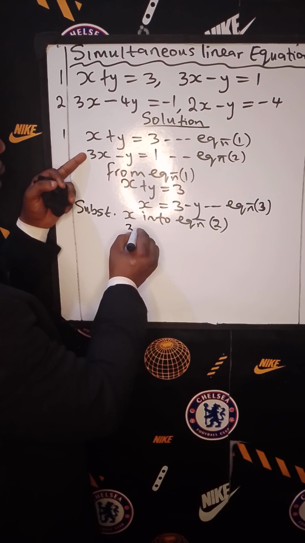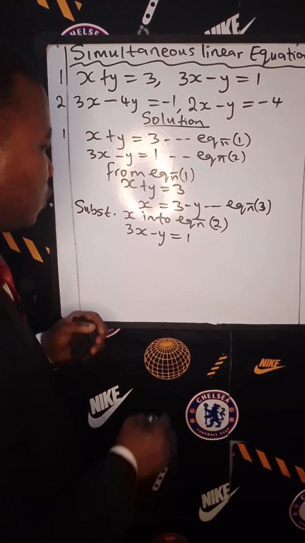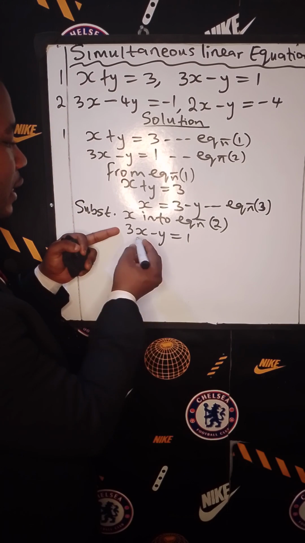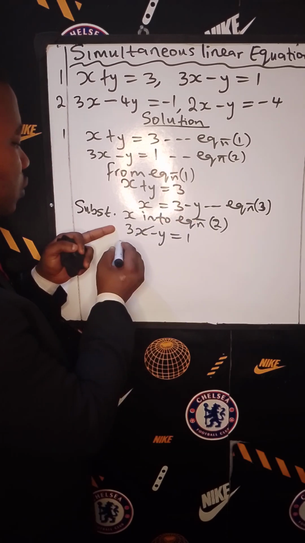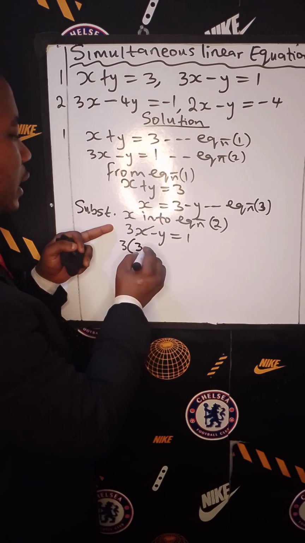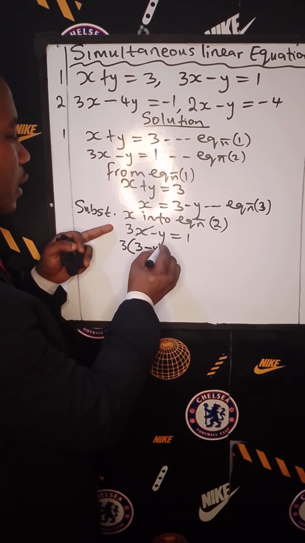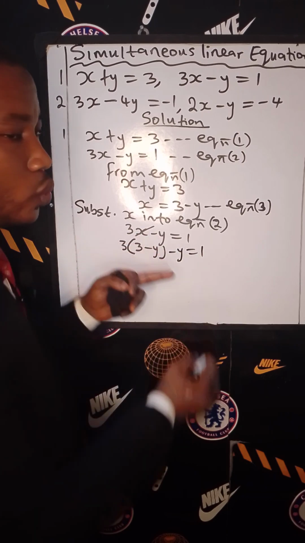Also, I told you to be step by step. 3x minus y is equal to 1. Good. So you can see here, x is here. So we're going to eliminate this x and replace it with this one. Now 3, open your bracket, this means 3 times x, which is now 3 minus y. Close it, then bring this one down, minus y, then is equal to 1.